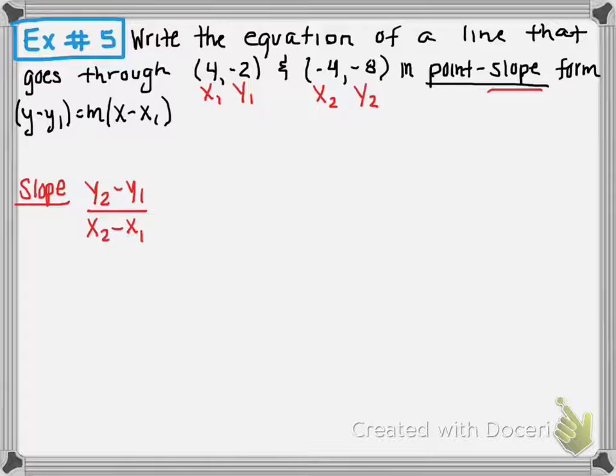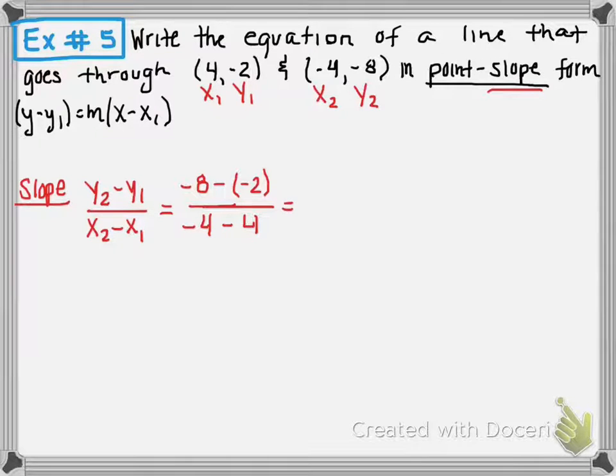So now I can go ahead and plug that information into my slope equation. So y2 minus y1 is negative 8 minus a negative 2. And then on the bottom, I have negative 4 minus 4.